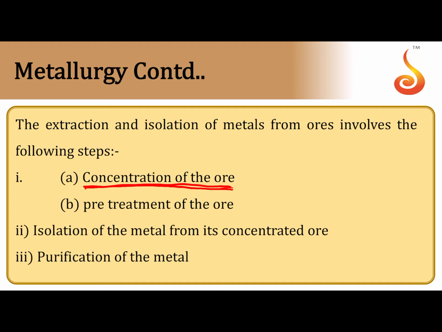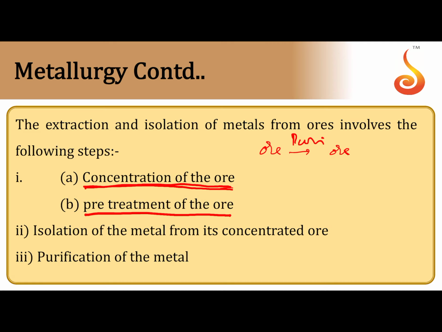Next, after the concentration, the concentrated ore is given some pre-treatment like calcination and roasting before going to the reduction. First, from minerals, the ore is selected, and the ore is purified or concentrated.